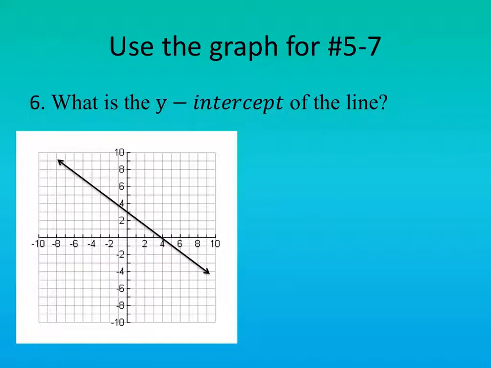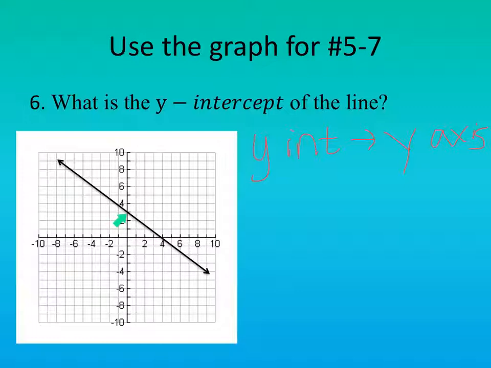Okay, number 6. What is the y-intercept of the line? Well, our y-intercept is on our y-axis. So, it doesn't give me an equation, just like the last one. All we have to do is look with our eyes and see that it's going to hit my y-intercept right there.